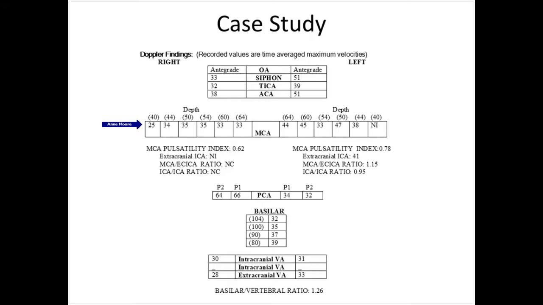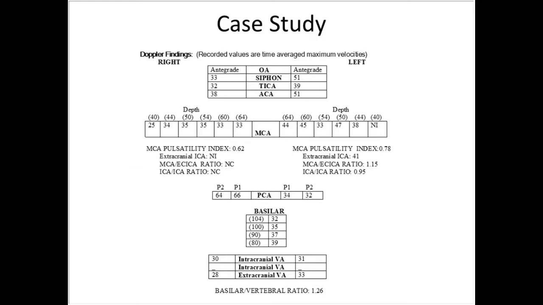On the left side in the MCA, we see a low velocity at a depth of 54. However, this could probably be due to angle of insonation. The extracranial right ICA was not insonated because it was known to be occluded. So we did not calculate our ratios.